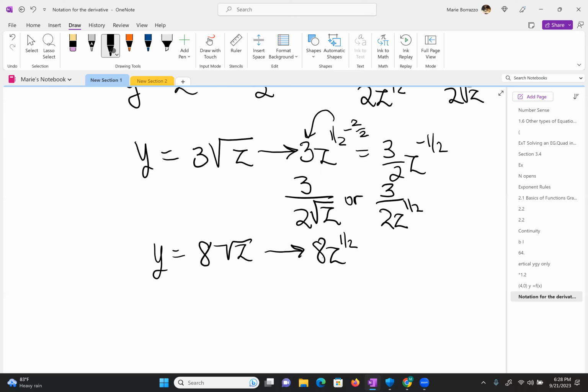Now I multiply 1/2 times 8. Well, that's going to give me 4. I still have a z, take away 1. It's still going to be negative 1/2, right? And now we simply want to correct it. So it'll be 4 over z to the positive 1/2. Or you can write 4 over square root of z. Your choice.